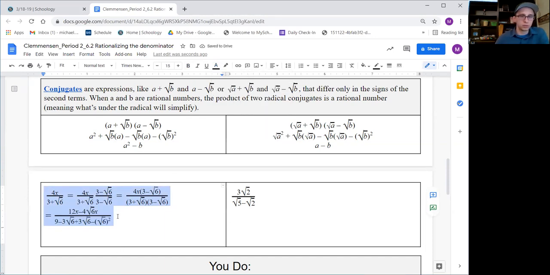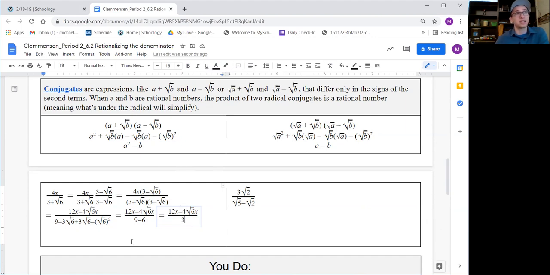Do some more simplifying, and I end up with 9 minus 6 on the denominator, which then gives me 3 in the end. Now my last step is always to try and see if I can simplify. 12 goes into 3, but 4 doesn't go into 3. And so we can't simplify this any further. So this would be our answer.